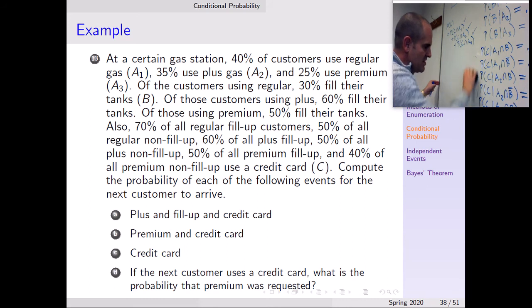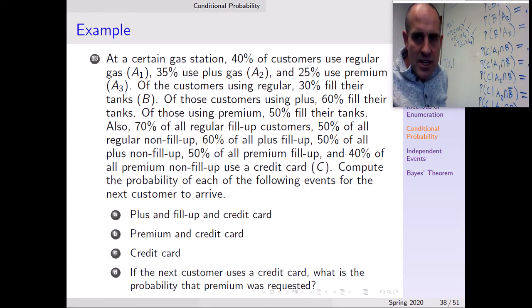Let's think this through carefully together. If the next customer uses a credit card, what is the probability that premium was requested? So we want the probability of premium given, okay, given what? Given that the customer used a credit card.